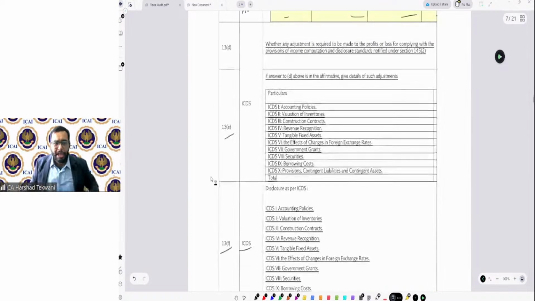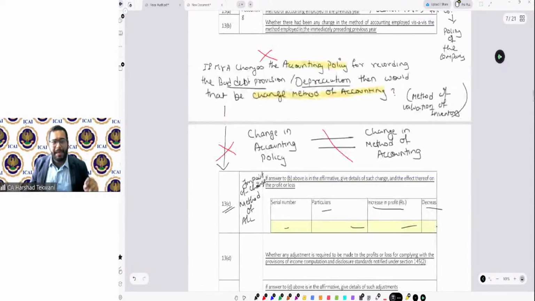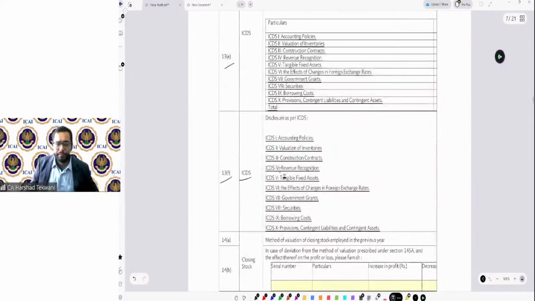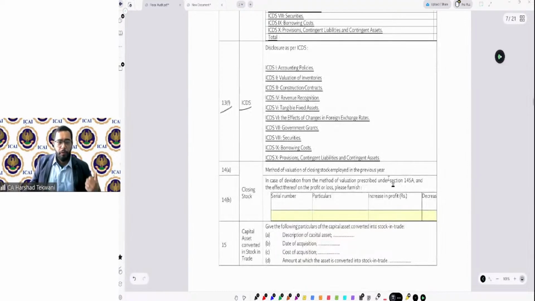So 13D, E, F, all three are on ICDS, whereas 13A, B, C are on method of accounting. Clear? Okay. 14.